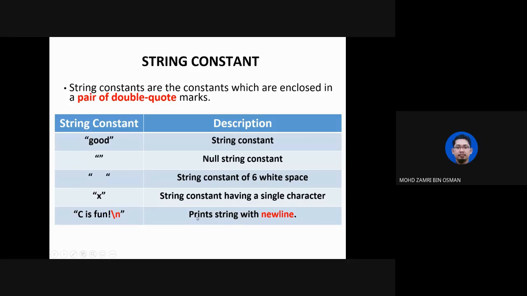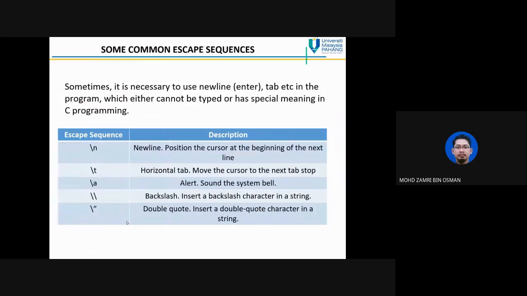And we have printing a string with a new line. For example, here: C is fun \n. So \n here is syntax that indicates a new line in your string. There are some common escape sequences, very useful for formatting text.